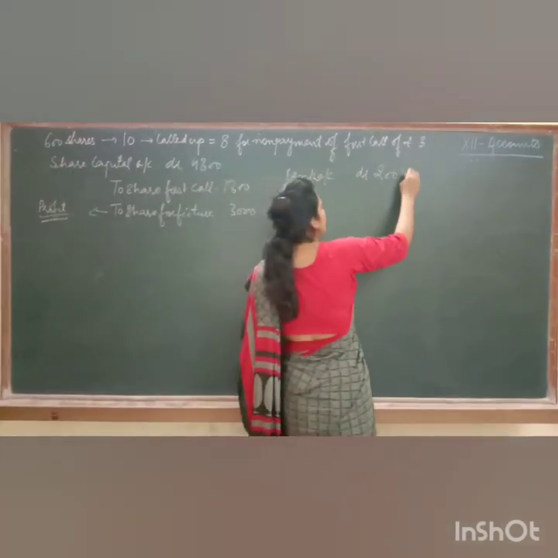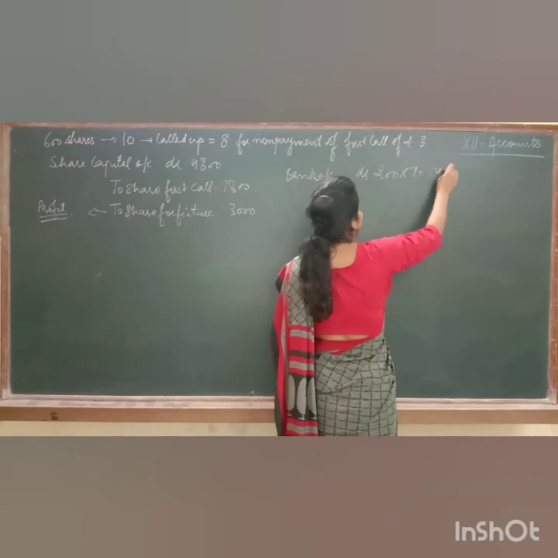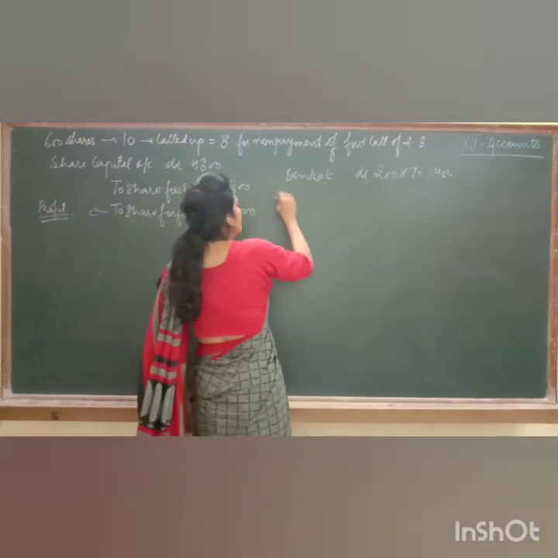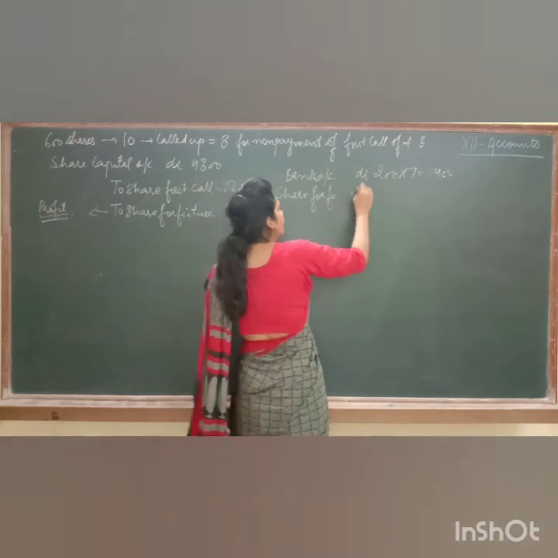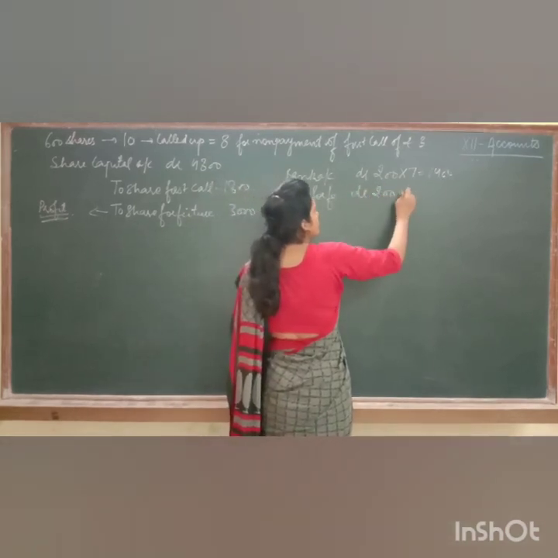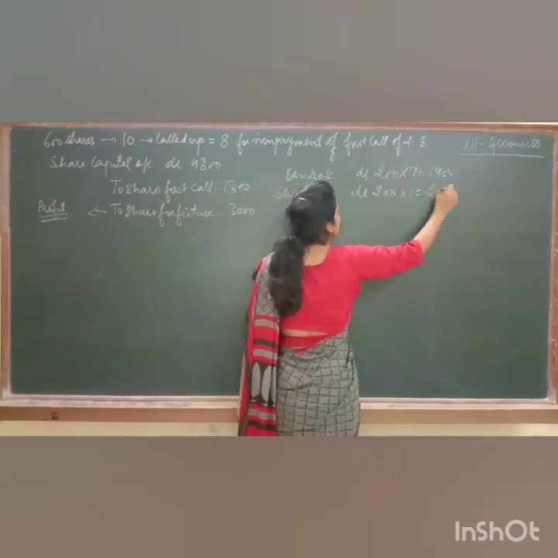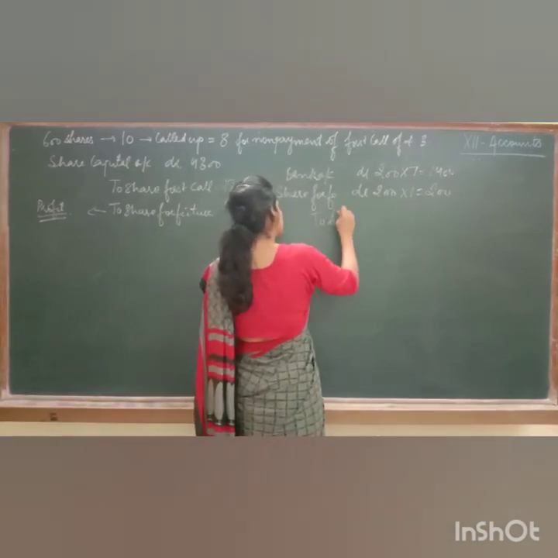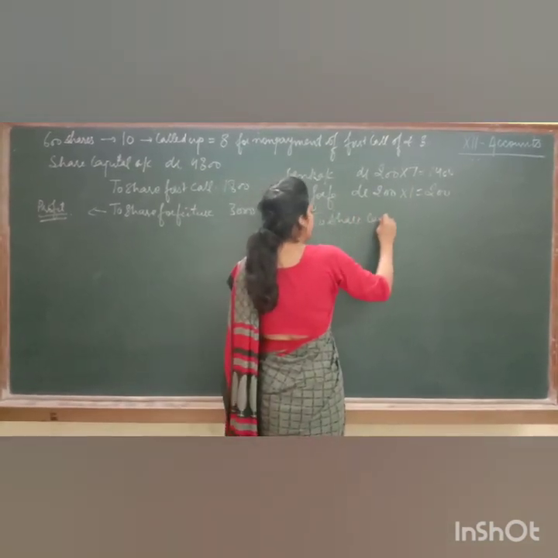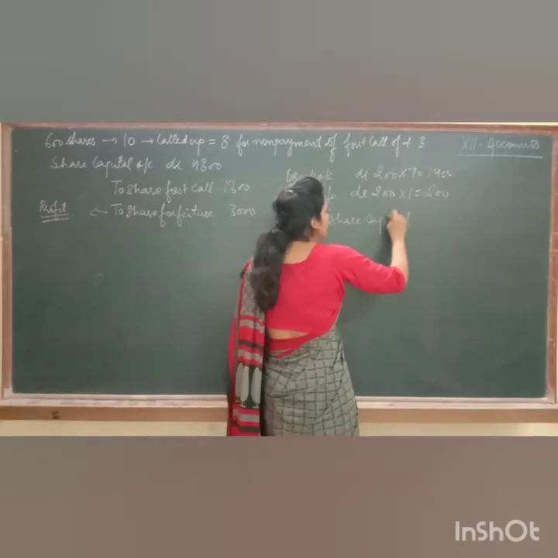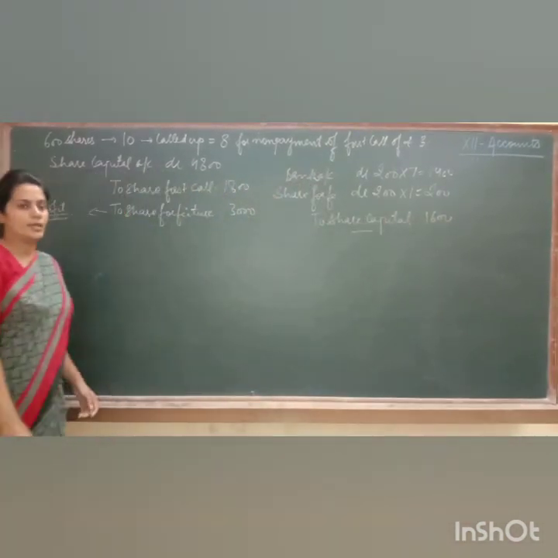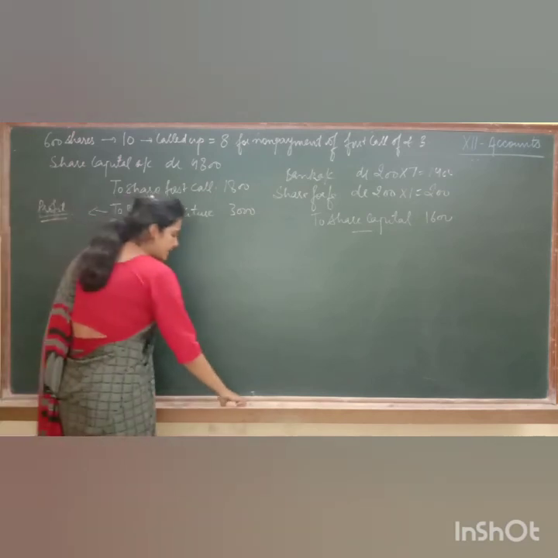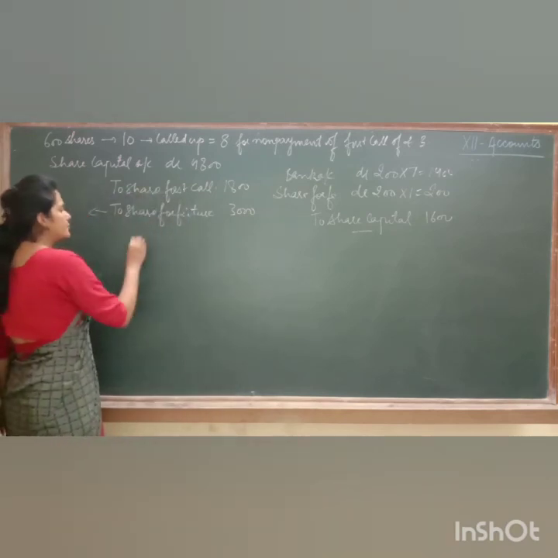So 200 into 7, that is 1400. You have incurred a loss of rupees 1, so share forfeiture will be debited 200 into 1, 200, to share capital 1600.